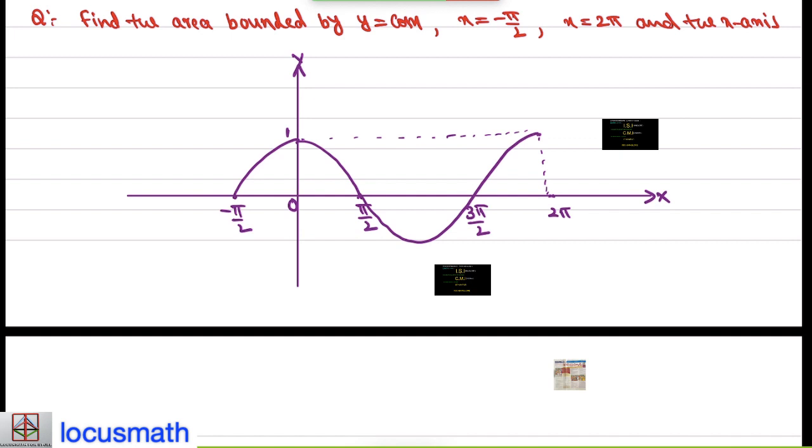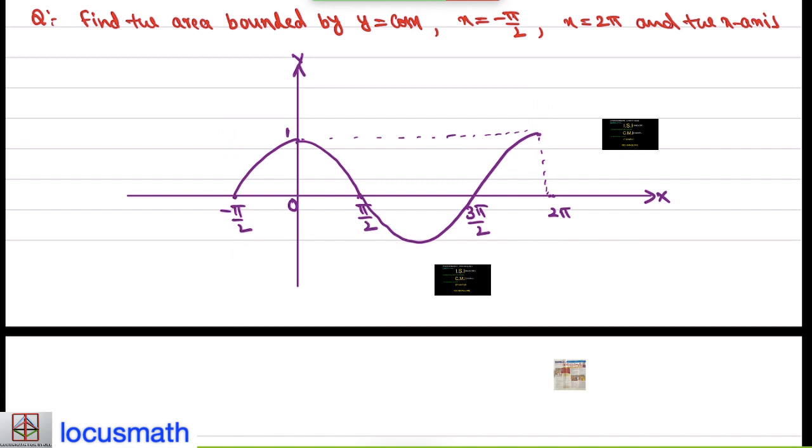Now we need to find the area bounded by y is equal to cos x between the limits x is equal to minus pi by 2 and x is equal to 2 pi. These are the limits.